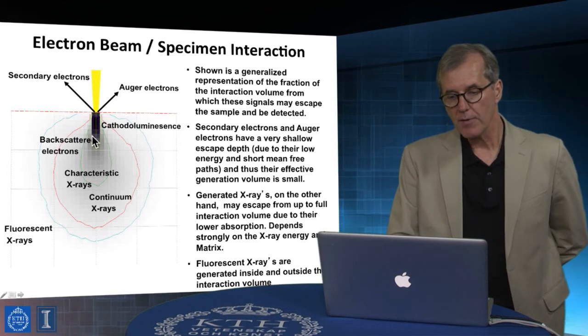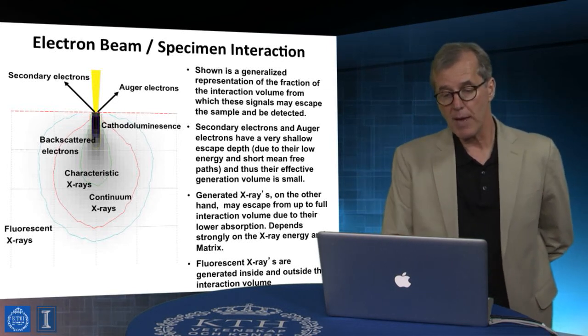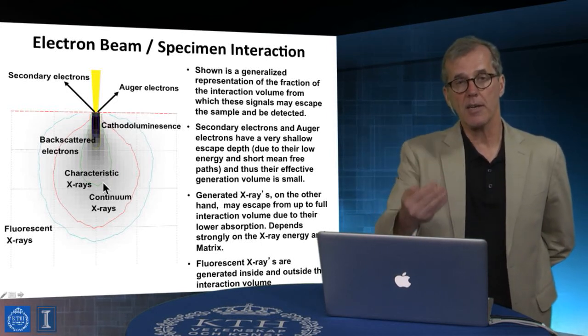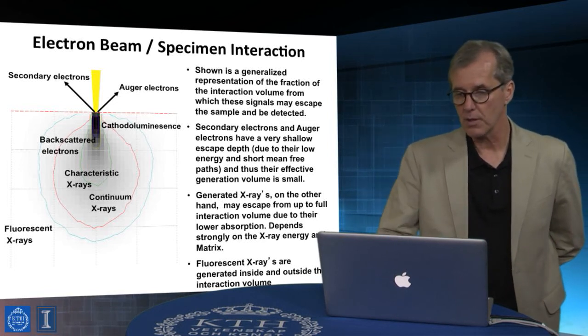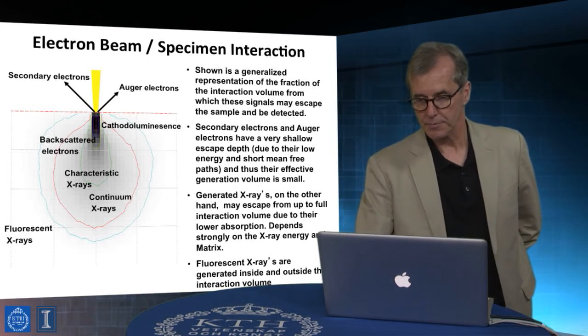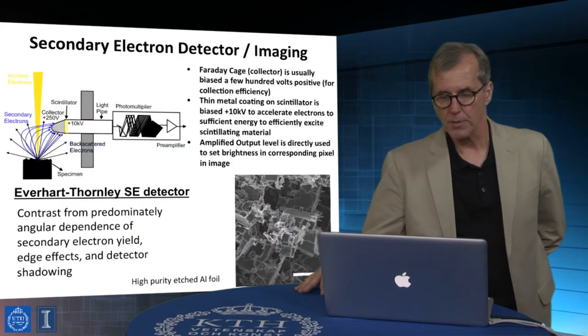So fluorescent X-rays can be used to do compositional mapping, but it's much more, again, a measurement of the extent of a material rather than its near surface or interfacial regions. Okay. So that's an important thing to keep in mind.